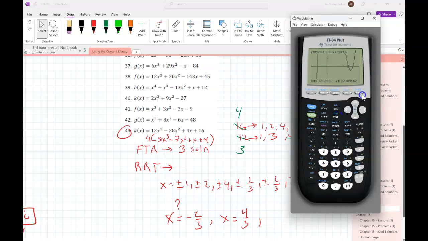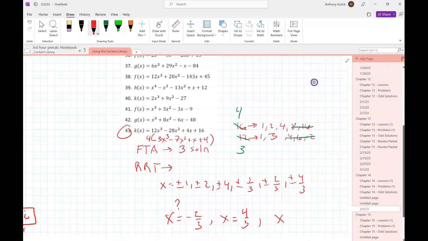And then my last one here is, what's that, about 1.6. So that'd be like 1 2/3, which would be 5/3. Now, is that a possibility? Is it on my list up here, though?